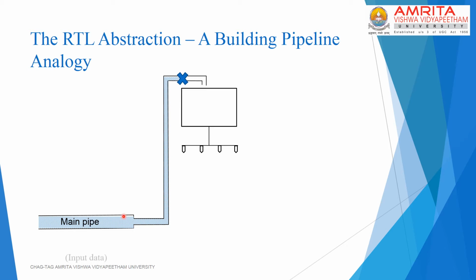So the input data may be thought of as the water that flows into the pipeline system. Then the data that flows through the system is analogous to the water that flows through the building pipeline. The registers are represented by the tank which stores the water.